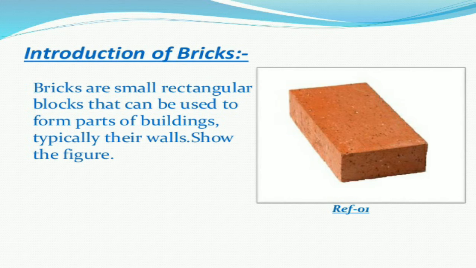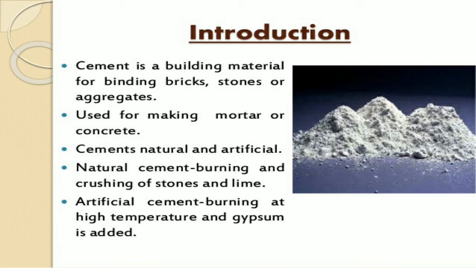Now brick and cement. Bricks are small rectangular blocks that can be used to form parts of buildings. Typically, their walls show the figure. And cement is the building material used for binding brick and stone, and for making mortar or concrete. Cement is natural and artificial.